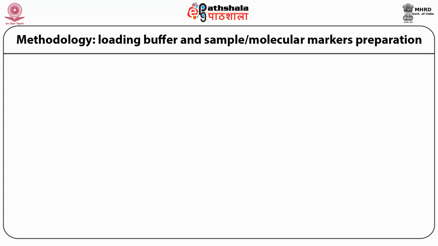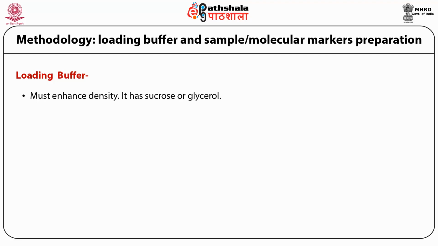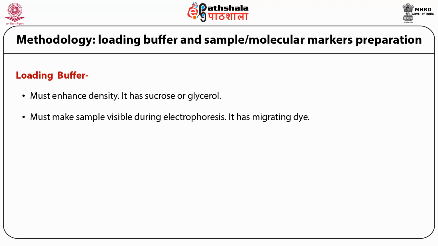Now we will be explaining the purpose of having the loading buffer. Loading buffer is used to dilute the sample before loading. The purpose of this buffer essentially is to increase density of the sample and its visibility on loading.